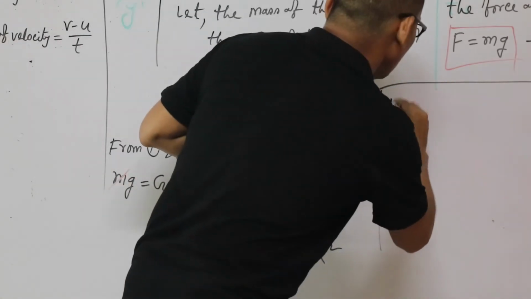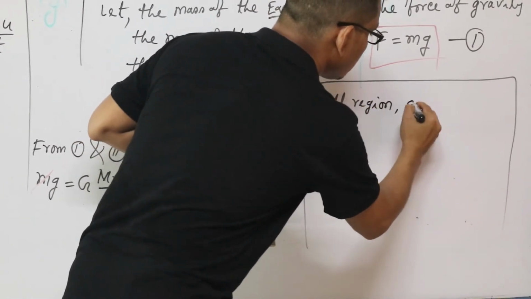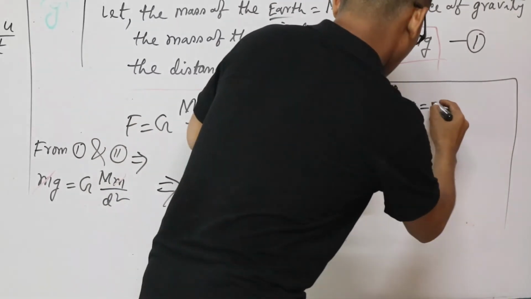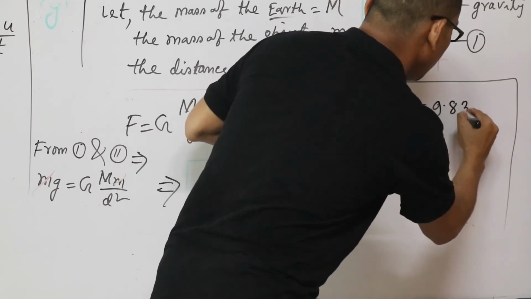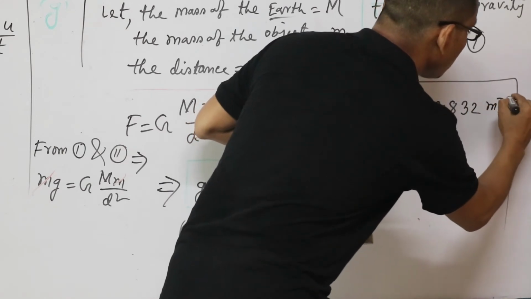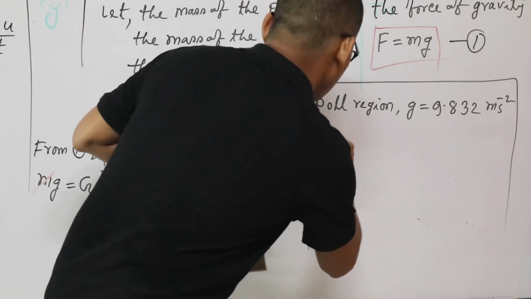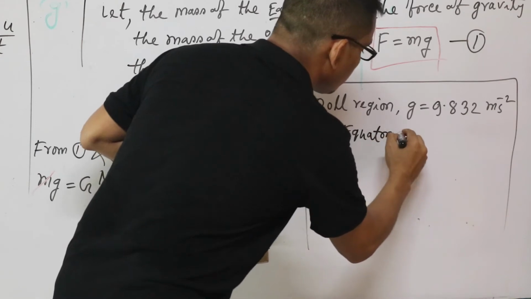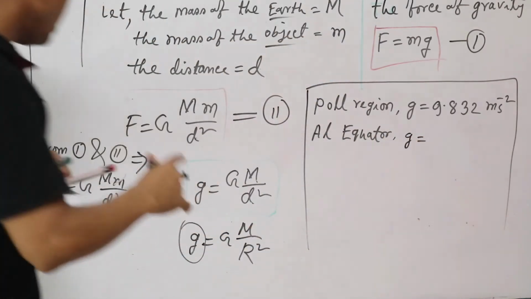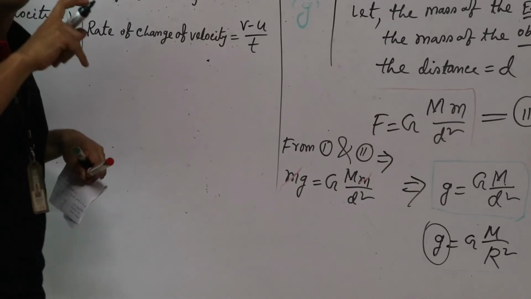So at polar region the value of g is maximum, 9.832 meter per second square. At equator, the distance between the surface of the earth and center is maximum.